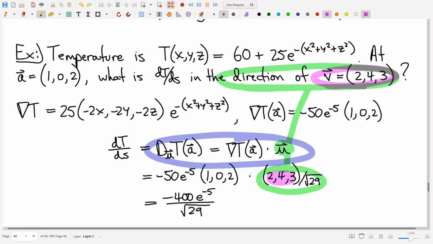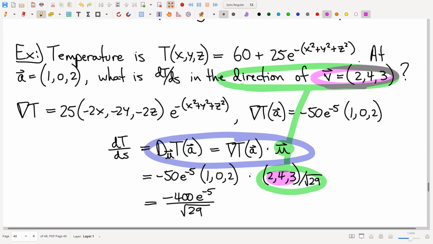So don't forget to unitize. And everything else is basically algebra and arithmetic. Yes, you have to compute the gradient. Yes, you have to plug in the point in question. A little subsequent arithmetic, I'm going to let y'all read through those details. But the big ideas we've hit already. What do you think? Everybody all right?